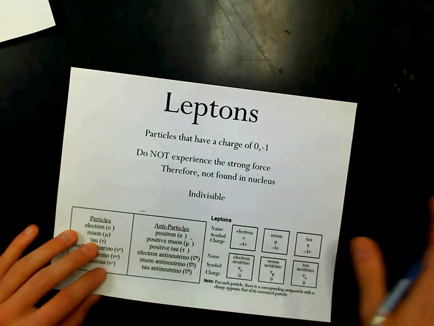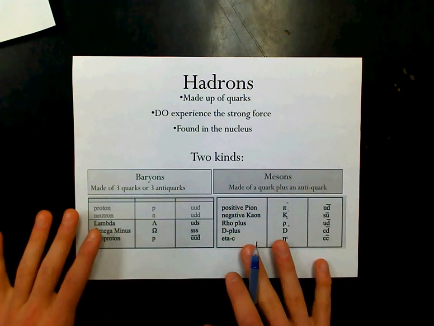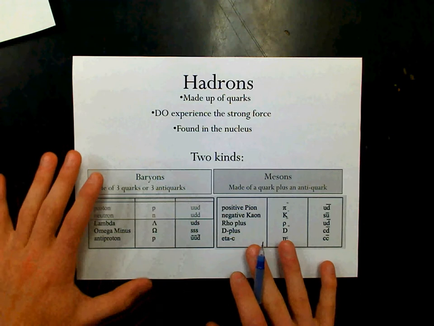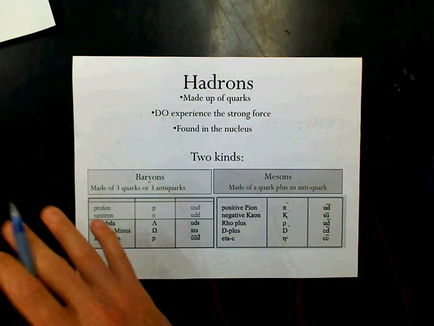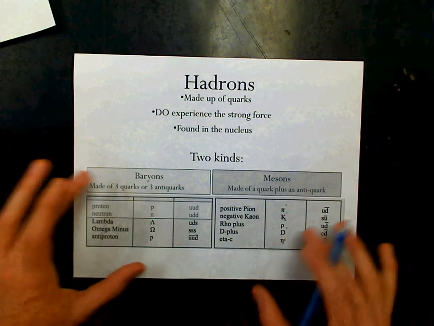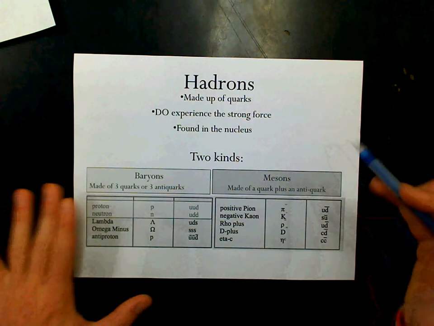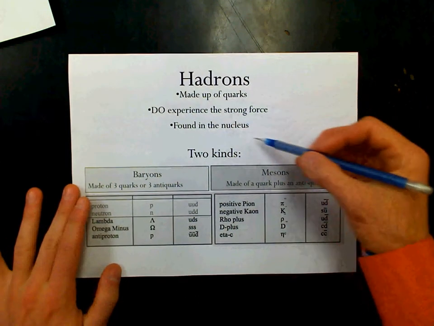Okay, the other side of matter, so we had leptons, now we have hadrons. Hadrons can be broken apart into quarks. And each hadron has either 3 quarks or 2 quarks. So we break those apart into baryons and mesons. As well, I'll take a step back, the hadrons experience a strong force.